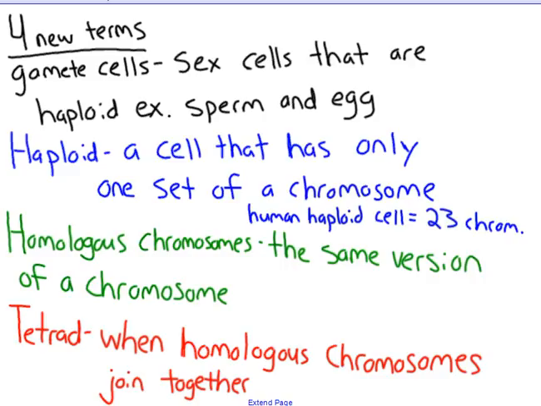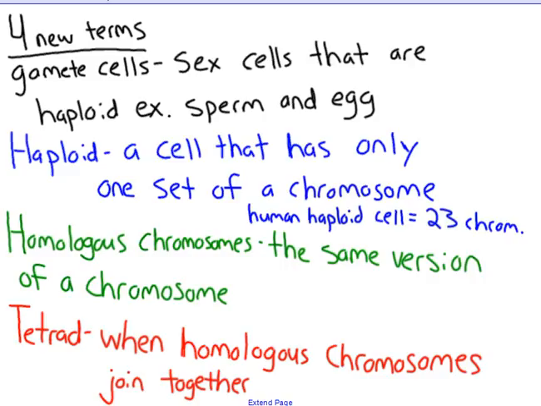Homologous chromosomes, I want you to think of this like pairs of shoes. So humans would have 23 pairs of shoes, and they got a running shoe from mom and a running shoe from dad, and they come together to make your shoes. And you have 23 of these. So homologous chromosomes are just the different kinds of shoes you have.